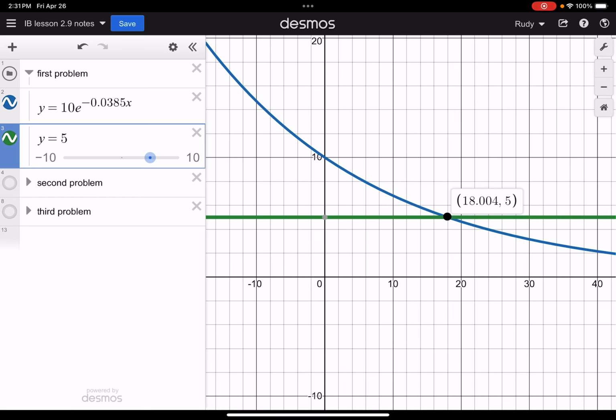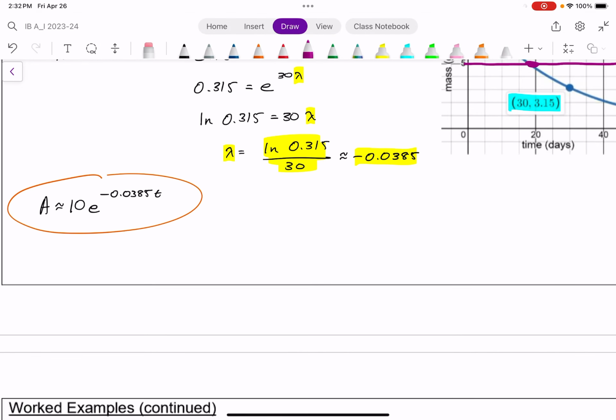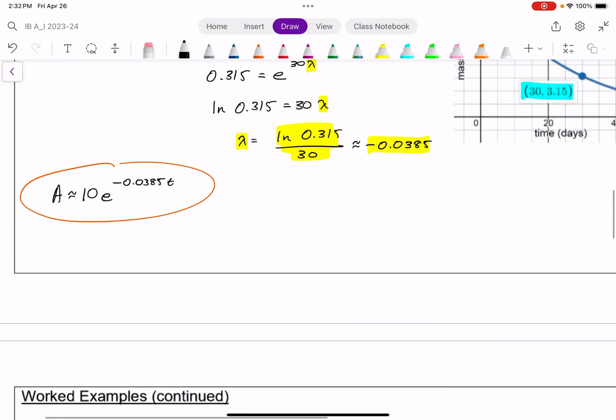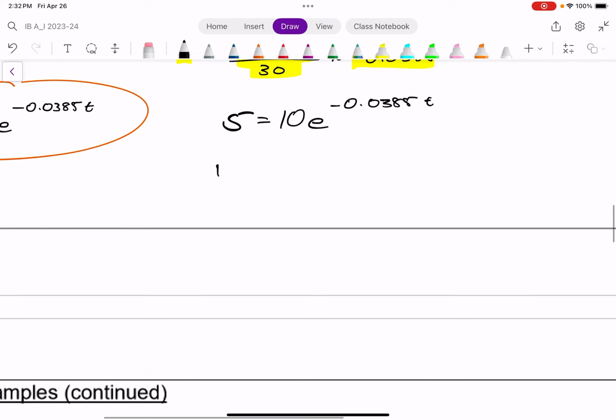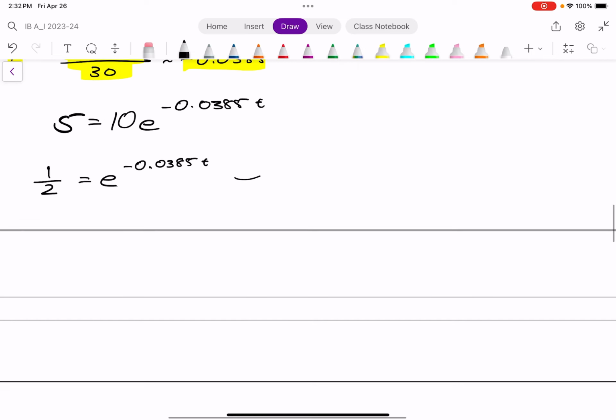That's a graphical approach, which is great, but also it's actually pretty nice to get this done algebraically, so for this, I'll show it algebraically. So the half-life would be when this amount here is 5. So when 5 equals 10 times e to the negative 0.0385 t. Divide both sides by 10, you get 1/2, which makes sense. It's half-life, equals e to the negative 0.0385 t. I'm running out of space here. Put this into logarithmic form.